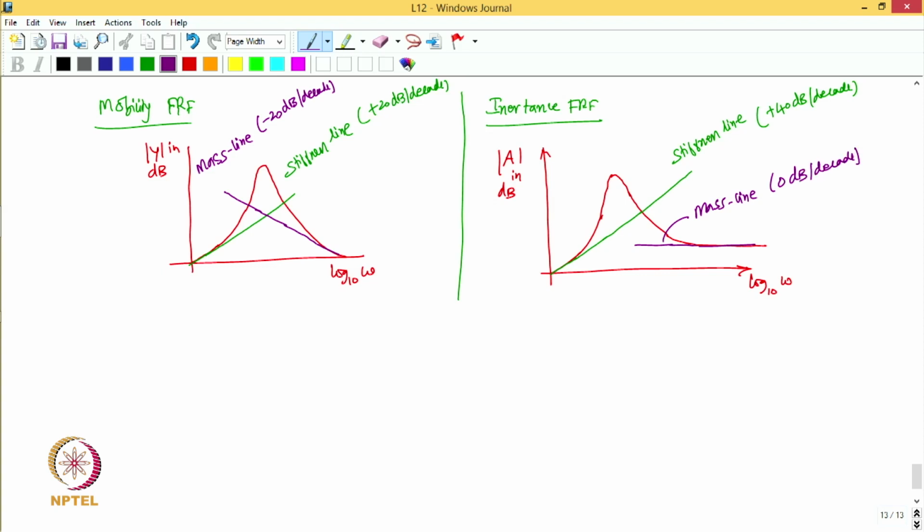Therefore, we see that these concepts also can be defined for mobility and inertance FRF.